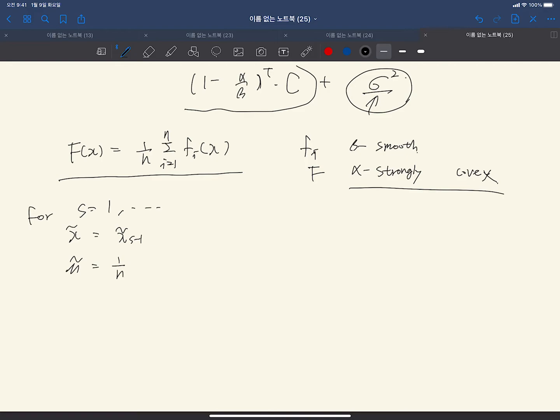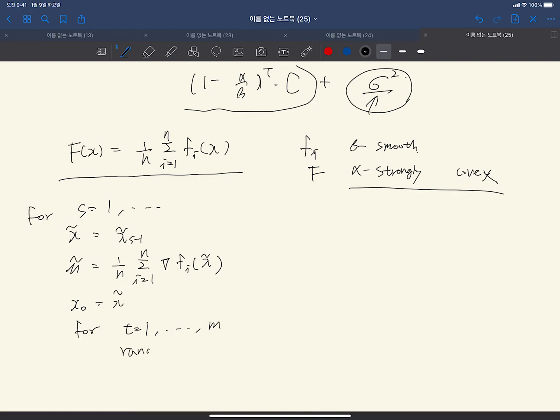This is the full batch gradient. So consider all functions fi and then take the gradient at point x tilde. Then set x0 equal to x tilde, and then update x0 using m iterations. Simple SGD we use for this process.